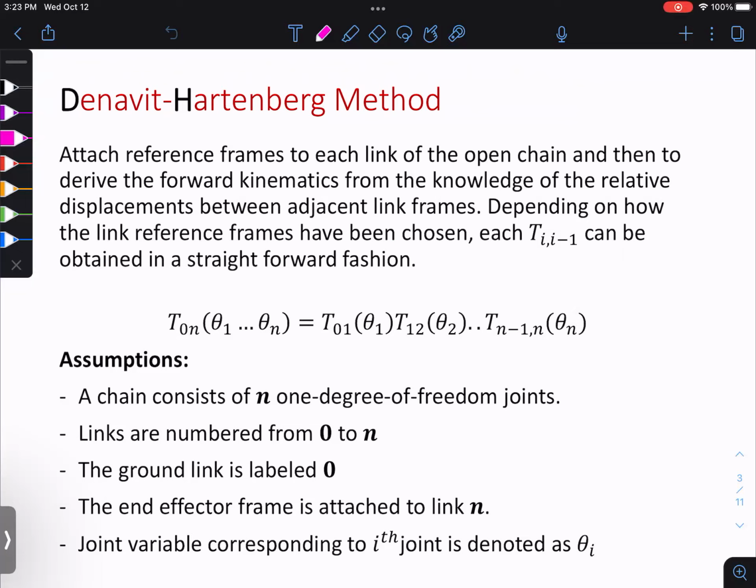Now, this method says that, you know what, for any robot manipulator, we can write the transformation from frame 0 to the end effector if we knew the transformation between 0 to 1, 1 to 2, 2 to 3, and n minus 1 to n, which is your end effector.